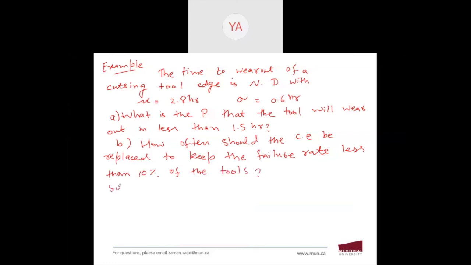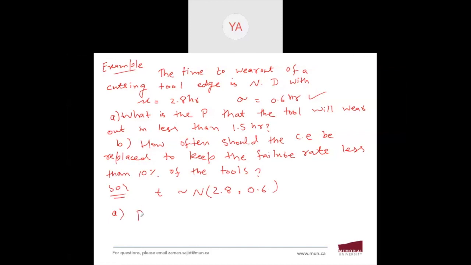So what is the solution here? Now we know that this problem is related to normal distribution. So if I say this is related to the variable t and it is normally distributed, what are my parameters here? Mean, which is 2.8, and my standard deviation is 0.6. Now in the first objective, he's asking what is the probability that the tool will wear out in less than 1.5 hours.